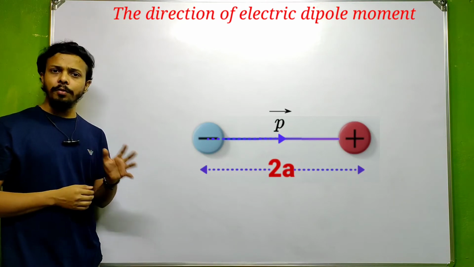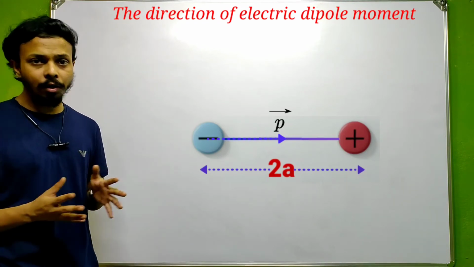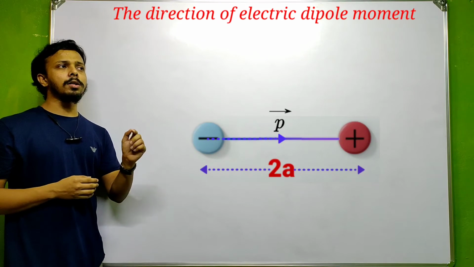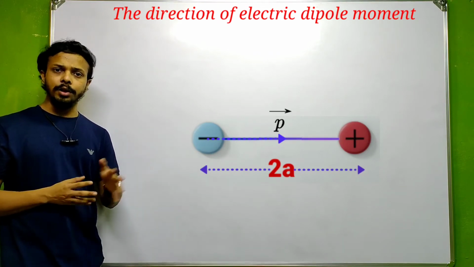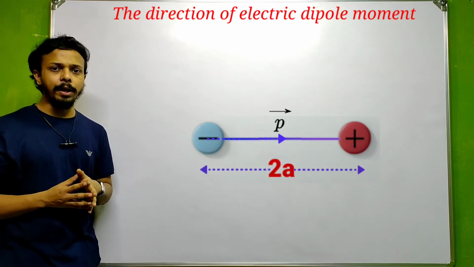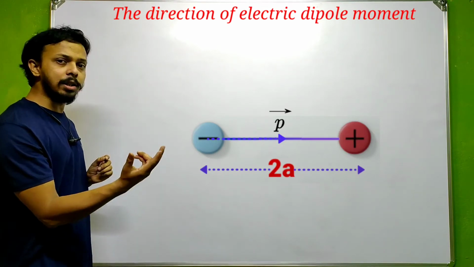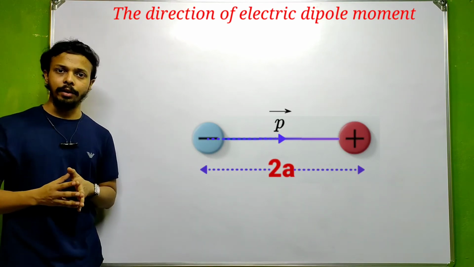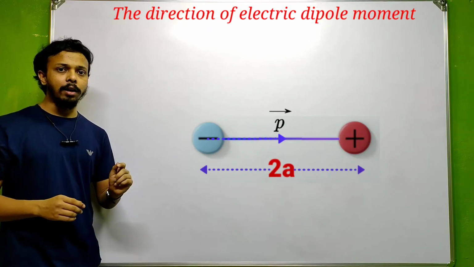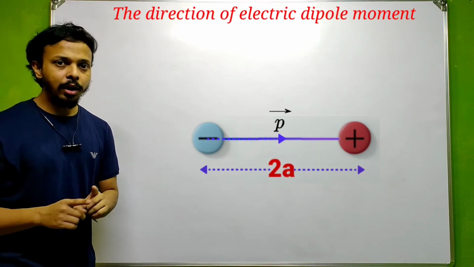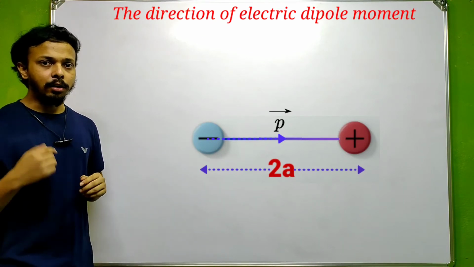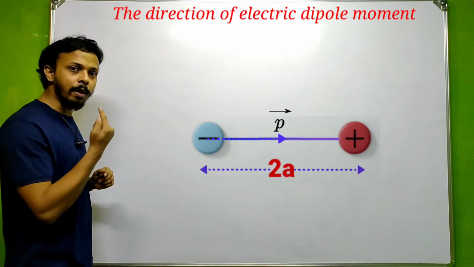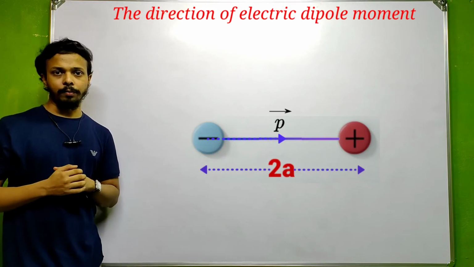This may be a confusing factor for you, but you don't need to get confused. In chemistry, the electric dipole moment is taken as from positive to negative. But in physics, we take the direction of the electric dipole moment from negative to positive.